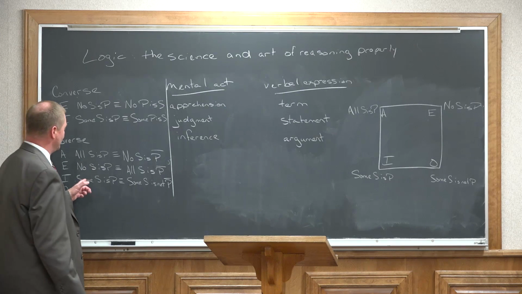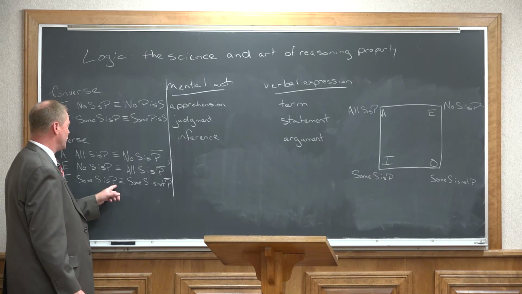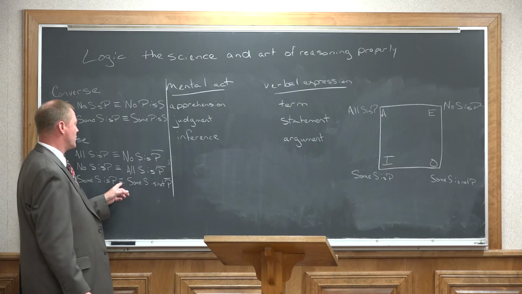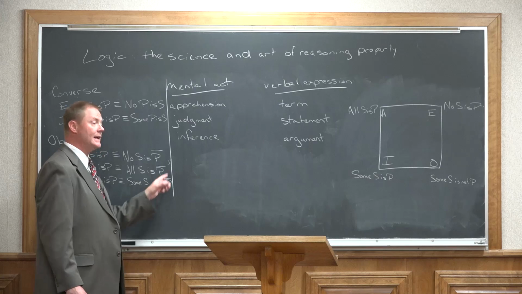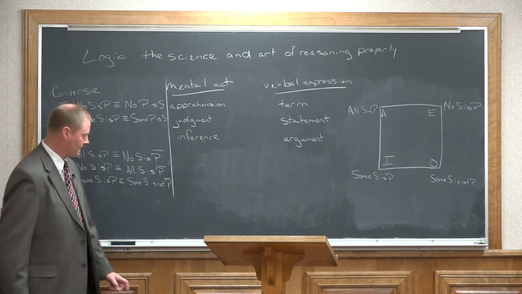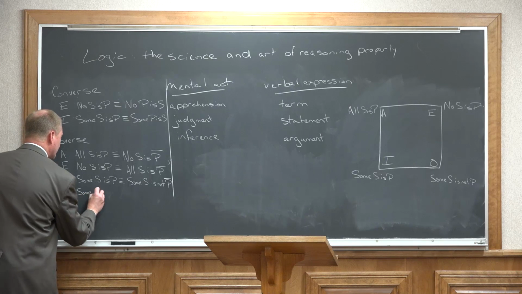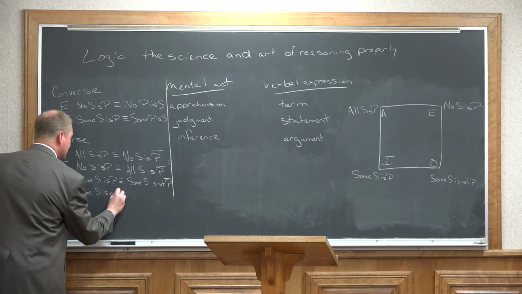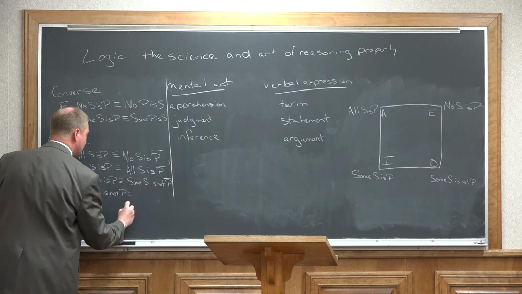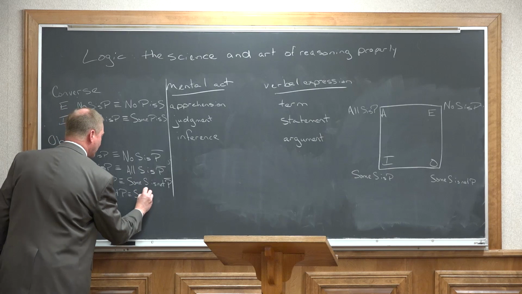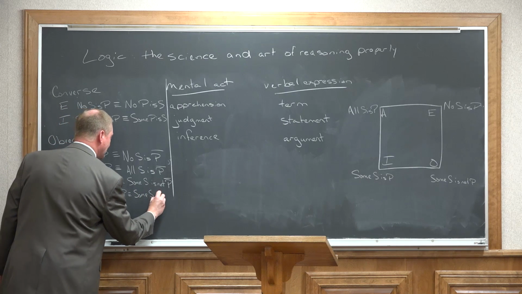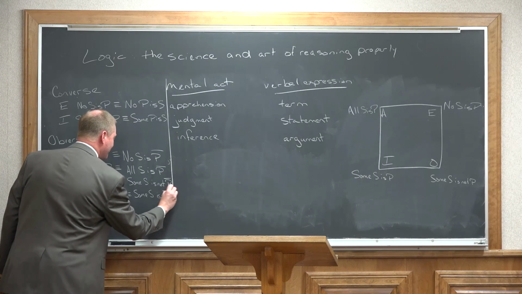All right, so some people are humans would be logically equivalent to saying some people are not non-humans. Okay? And then the O statement, some S is not P, is logically equivalent to some S is non-P.